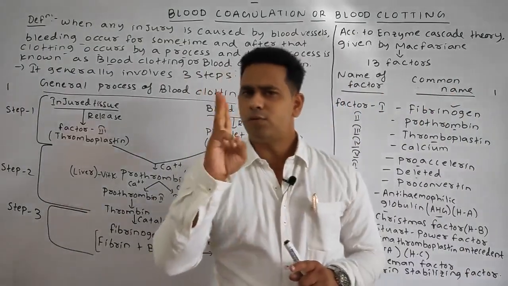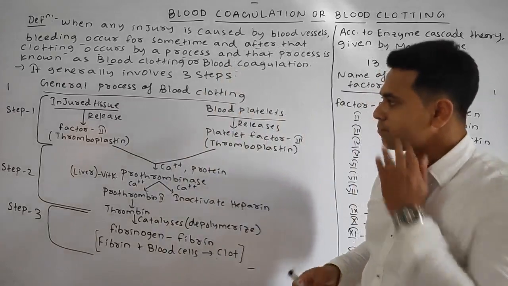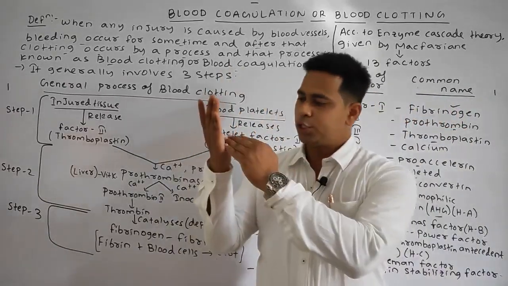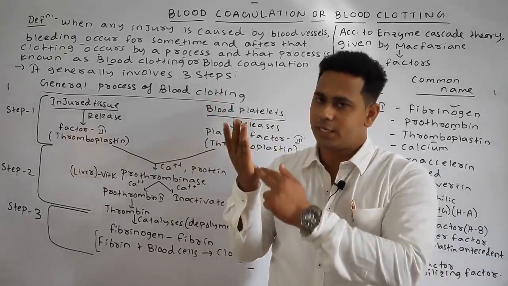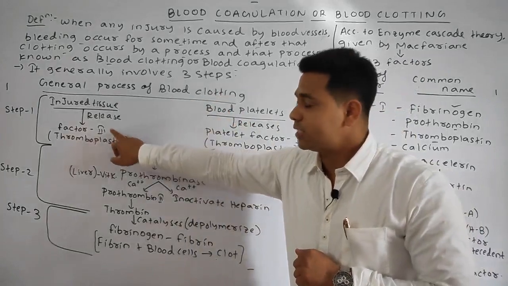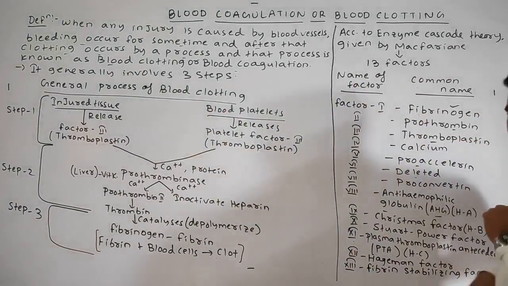Students, it generally involves three steps. See how it is formed. If a cut happens, what happens? The tissue will be damaged or injured. That injured tissue will release factor number 3, called thromboplastin.